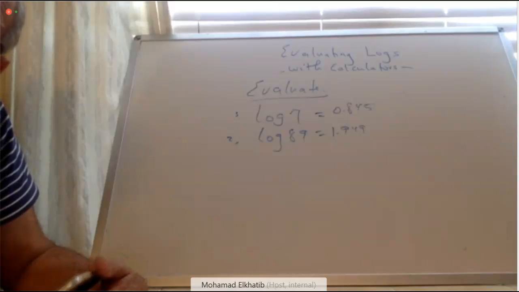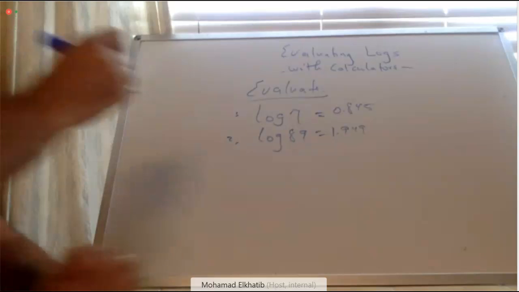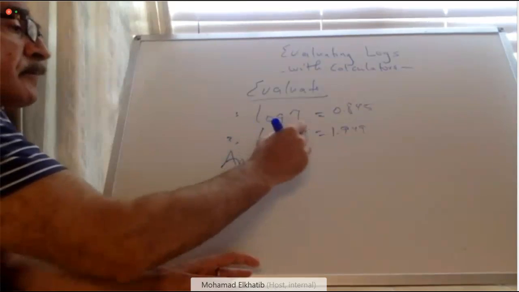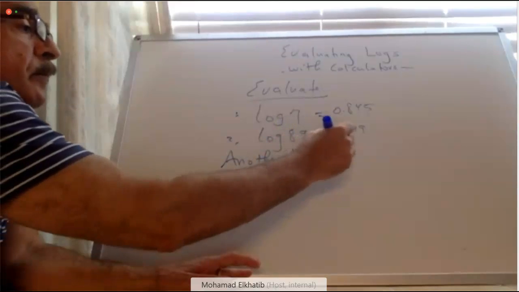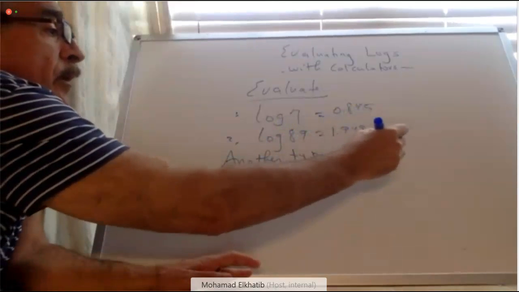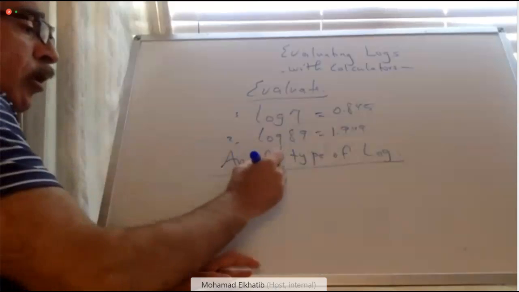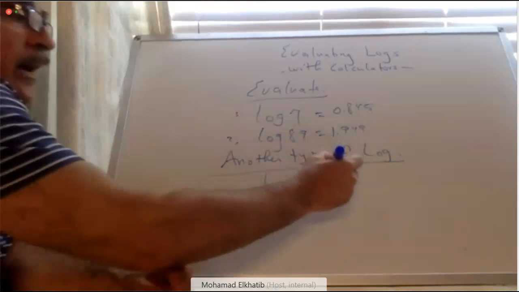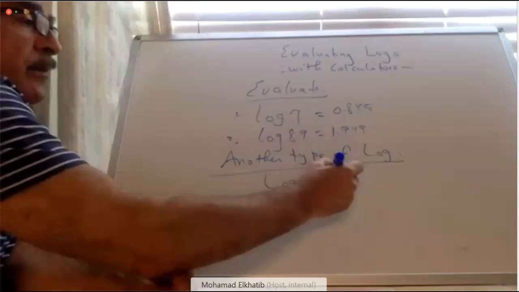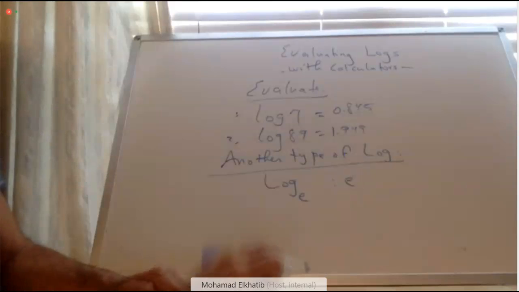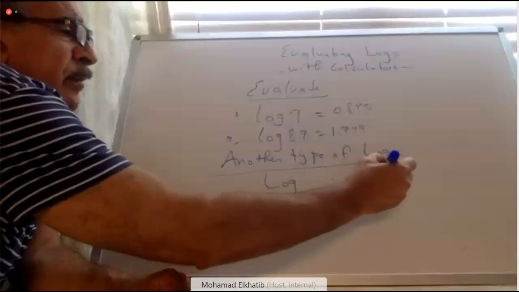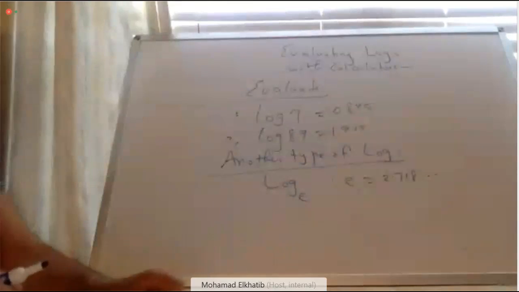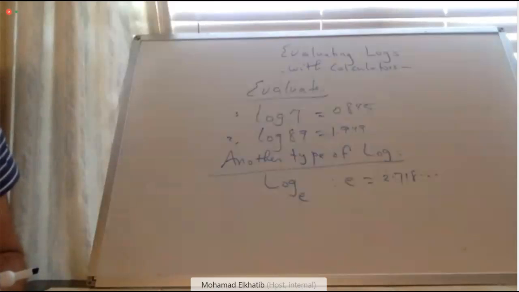Okay. Now, there is another log that we haven't learned yet. This one is called log with the base E. And remember, from learning continuous interest, E is not a variable, it's an irrational number, about 2.718, whatever.